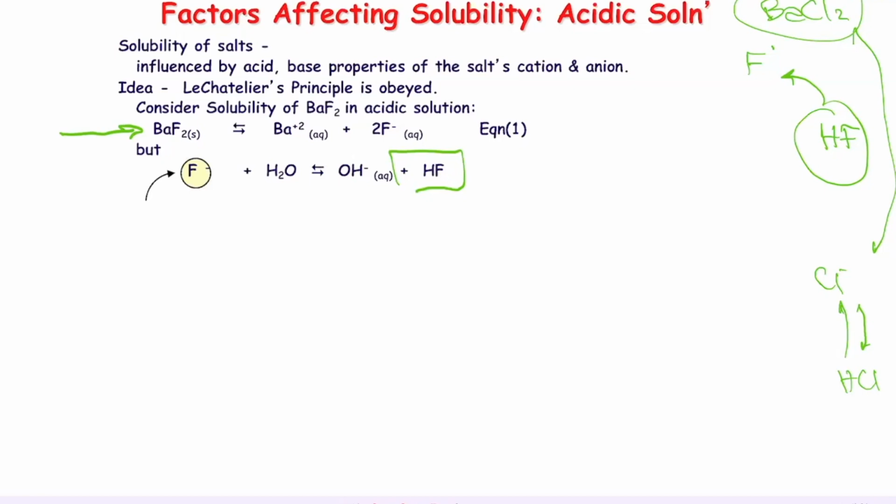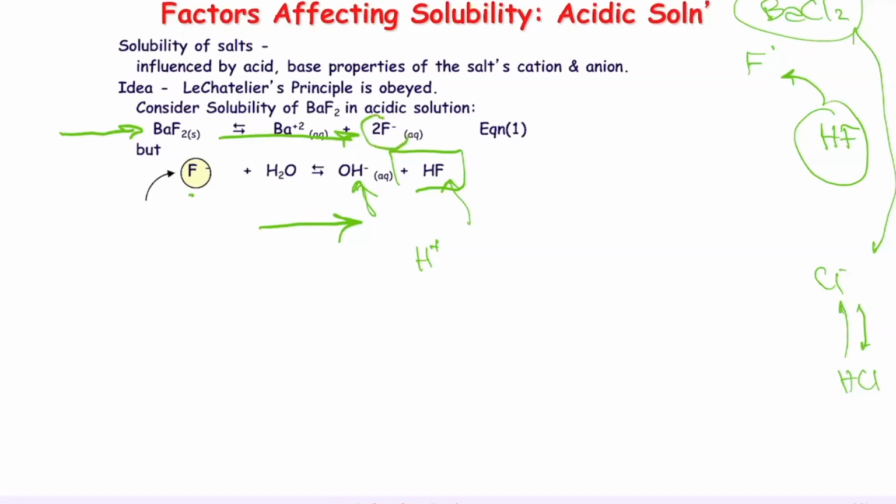So if we can drive this reaction to the right, how can we do that? By putting acid in the solution so that the hydroxide will react with the acid. If we can drive this reaction to the right, then the above reaction will also be driven to the right. And that means that we can increase the solubility, because this second reaction will consume fluoride.